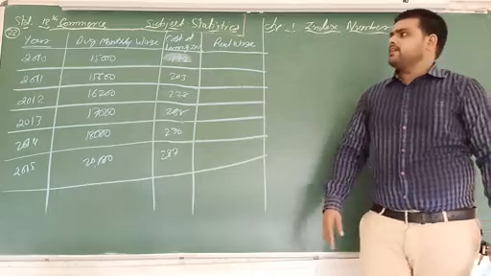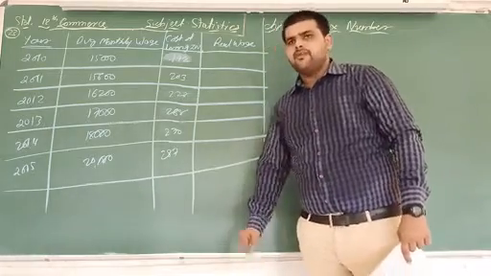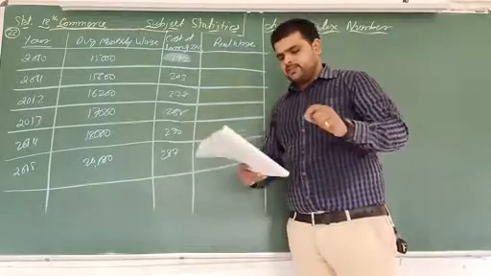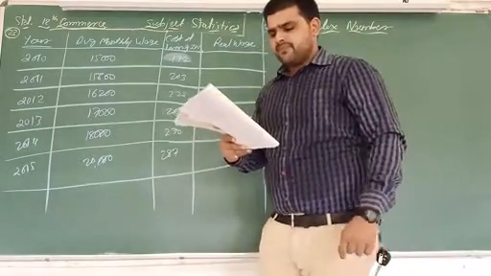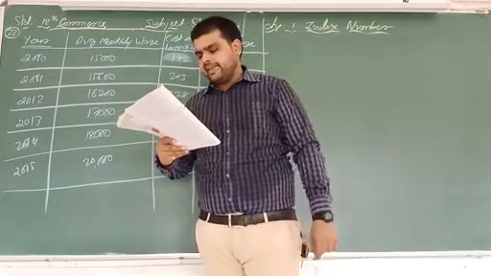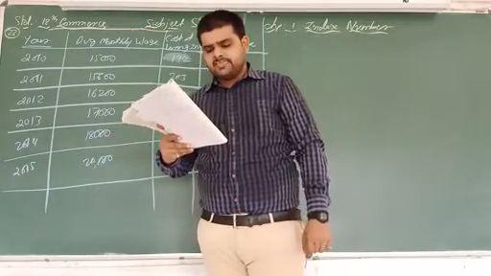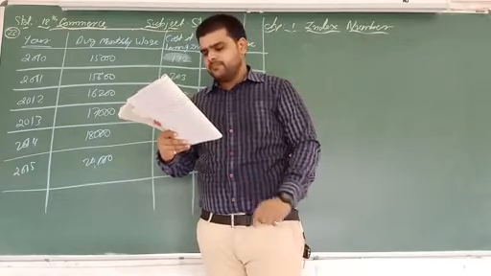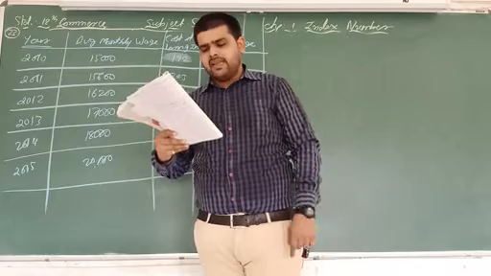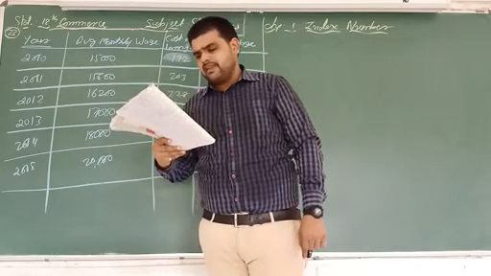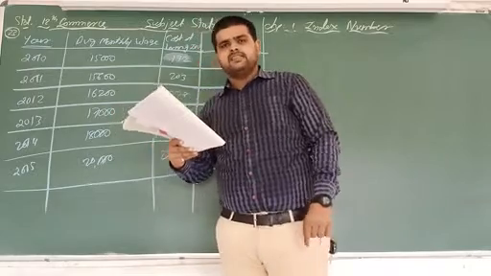So after the completion of example number 22, now we are going to discuss example number 23. Find out the real wage for the worker class of a city from the following data about their average monthly wage and cost of living index number. Base year is 2001. Find the purchasing power of money in the year 2015 by taking base year 2001 and state the importance of this answer.